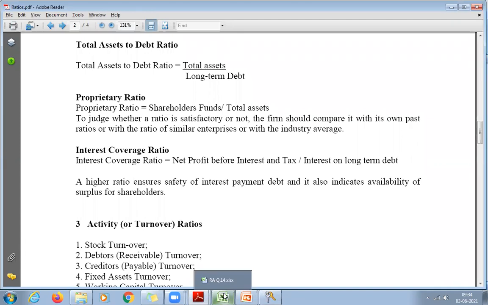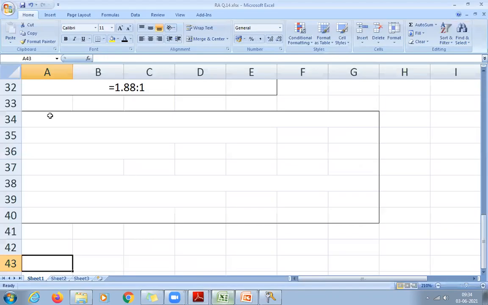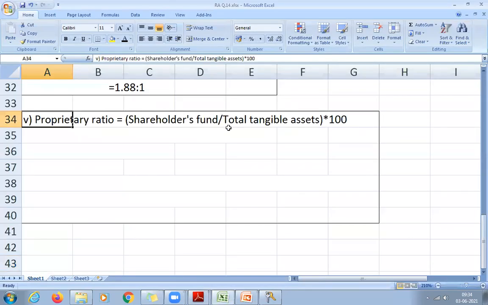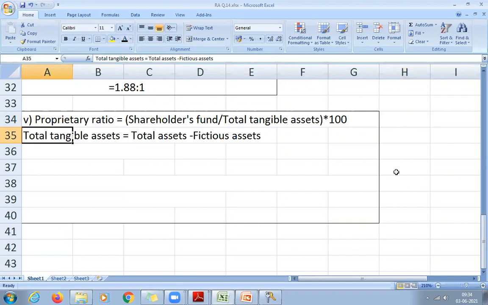That is why I changed the formula here and wrote shareholders fund divided by total tangible assets. That means you have to minus goodwill and miscellaneous expenses. So let us first calculate tangible assets: total assets minus fictitious assets.